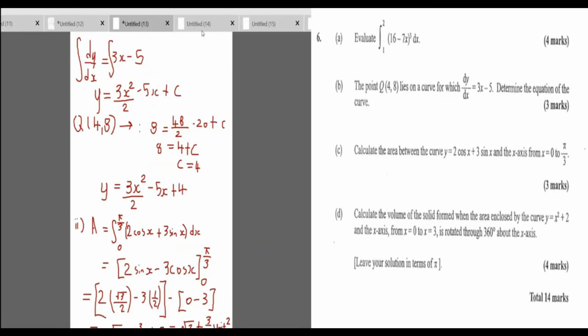Finally, we have one more portion of this question to deal with. It's the part that is asking about volume. It says calculate the volume of the solid formed when the area of the curve x squared plus 2 and the x-axis from x being 0 to x being 3 is rotated 360 degrees about the x-axis.